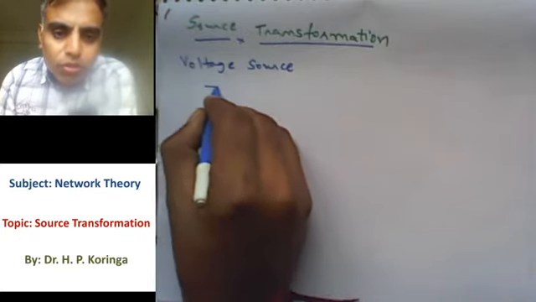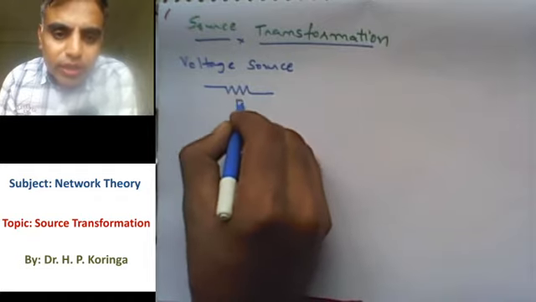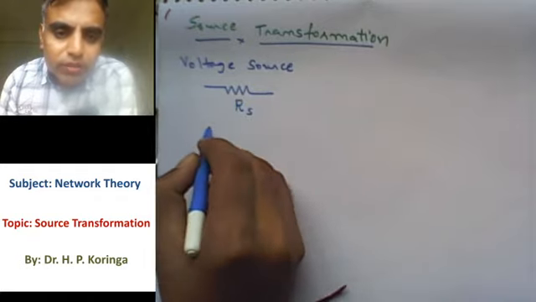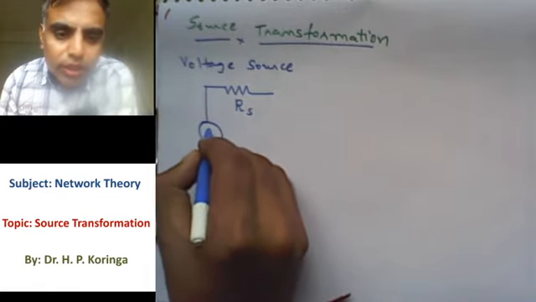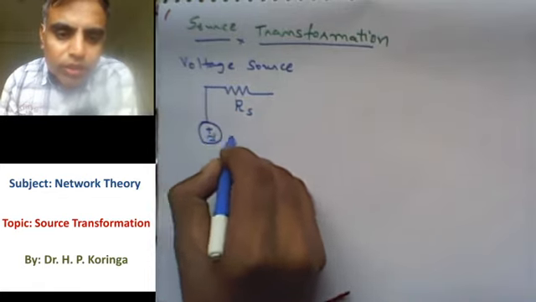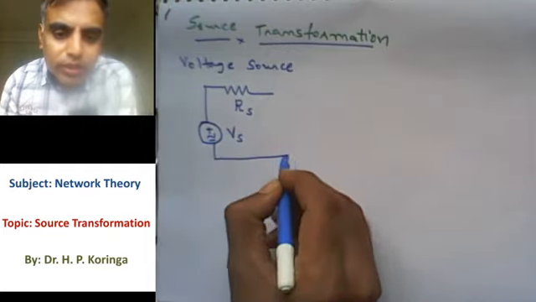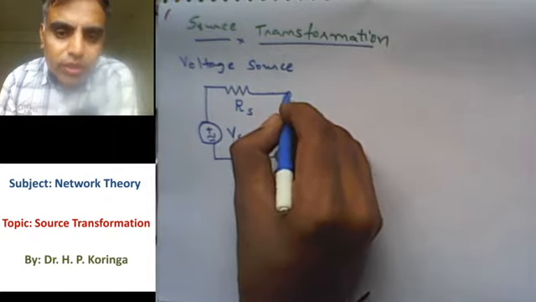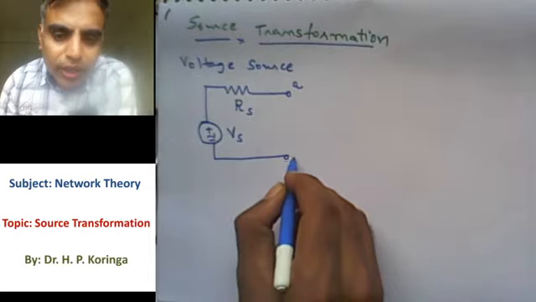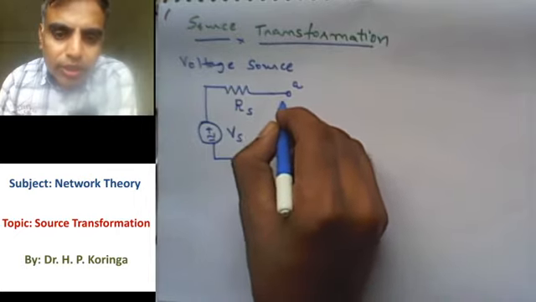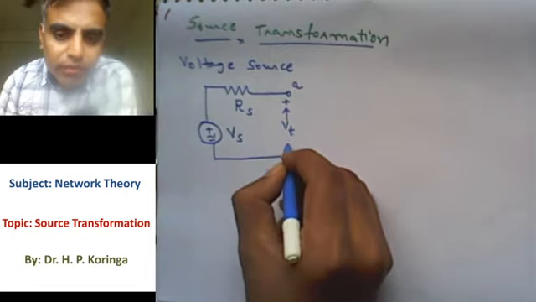Any voltage source has an internal series resistance Rs and a source voltage Vs. Whatever voltage is available at the terminals A and B is called the terminal voltage, let's say Vt.